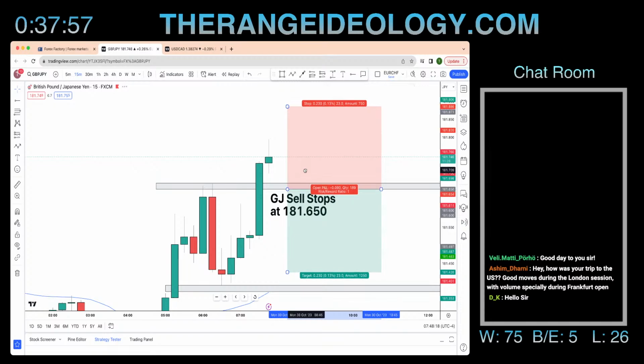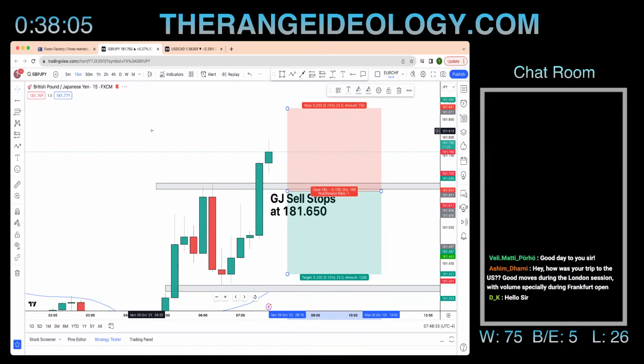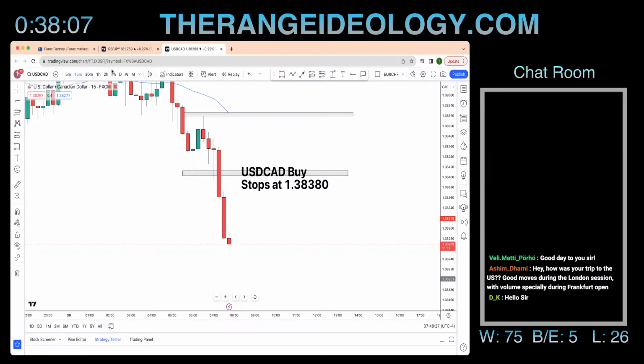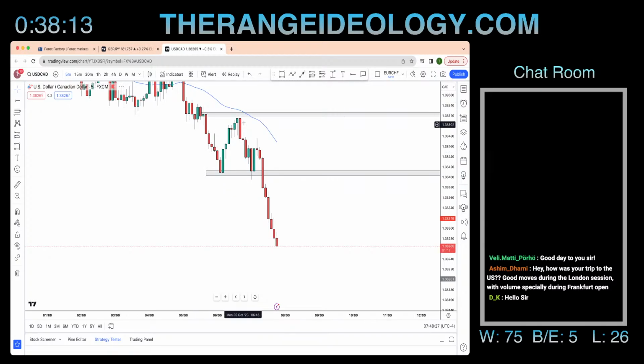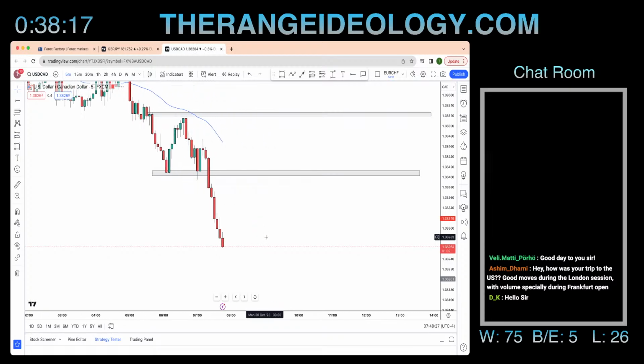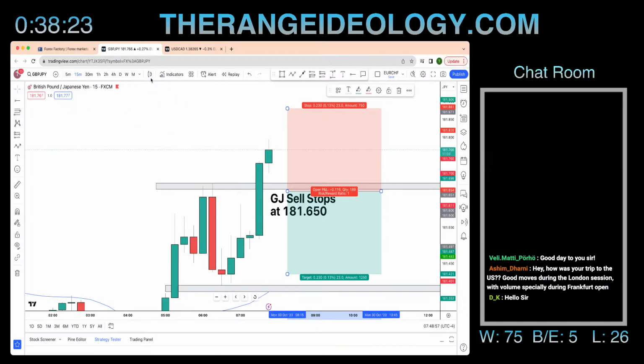Alrighty. So USD CAD, guys, just avoid it for me. It's not looking too good, especially when the range is smaller than the bearish momentum push that just happened and continues to happen with USD CAD here. So I'm going to just avoid that for the time being.